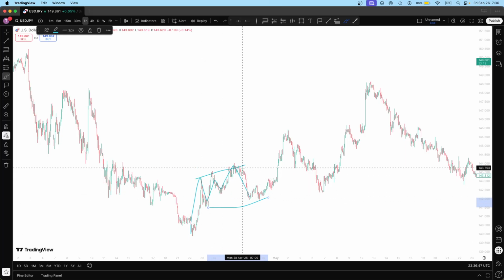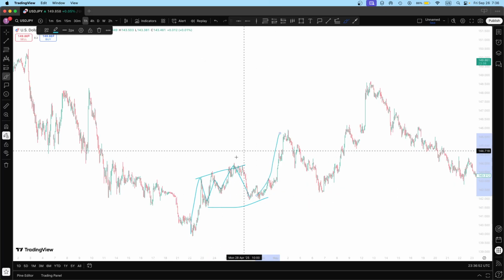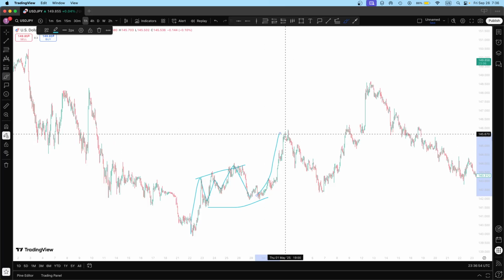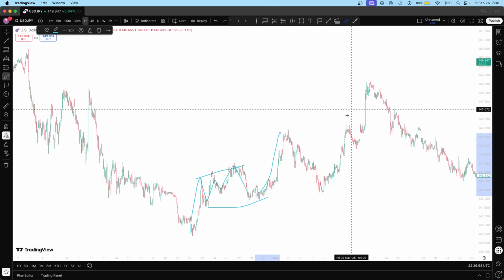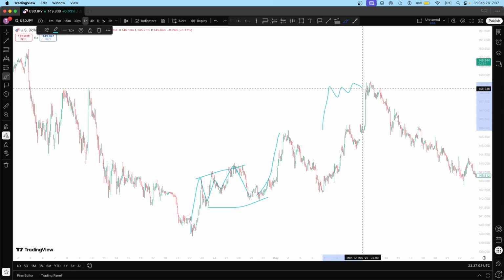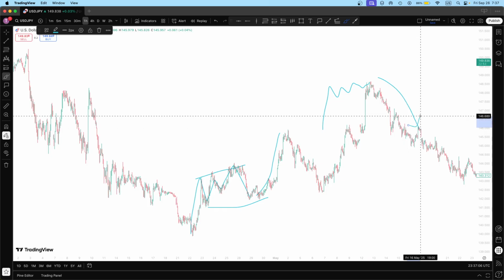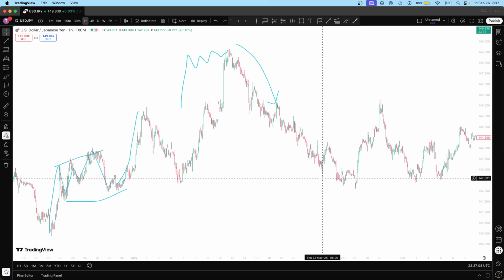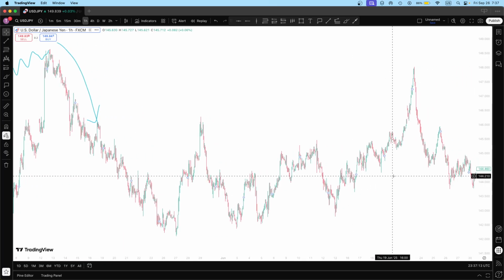Is this a continuation pattern or is this a reversal pattern? So let's say this is a continuation pattern, then we look for the next continuation pattern, until it fails and it creates some kind of reversal at the top, then we know this is about to change. So that is how you identify and look at it from a charting perspective.